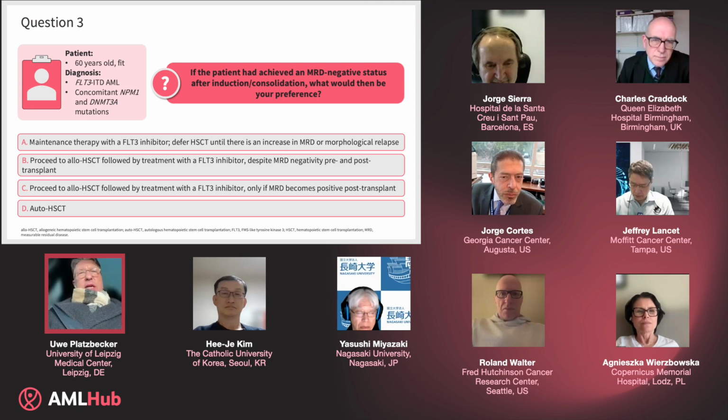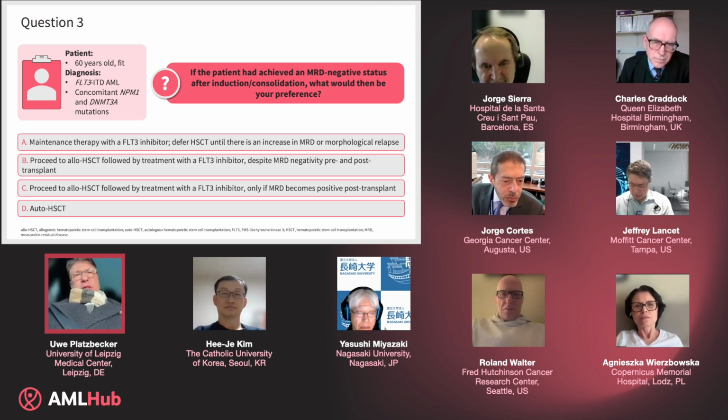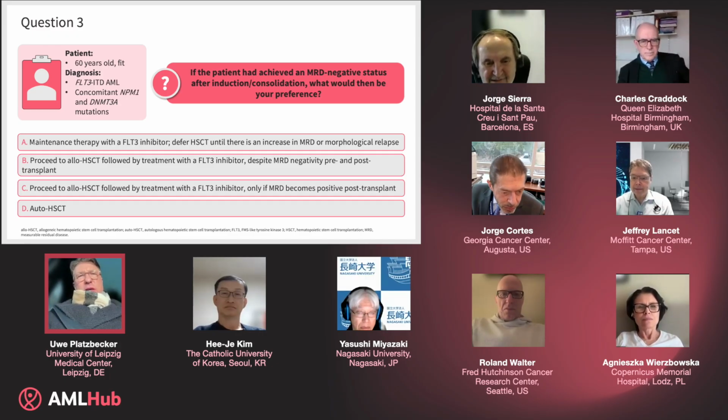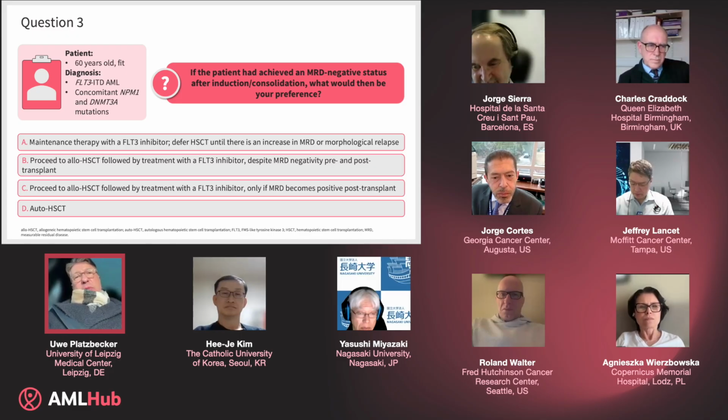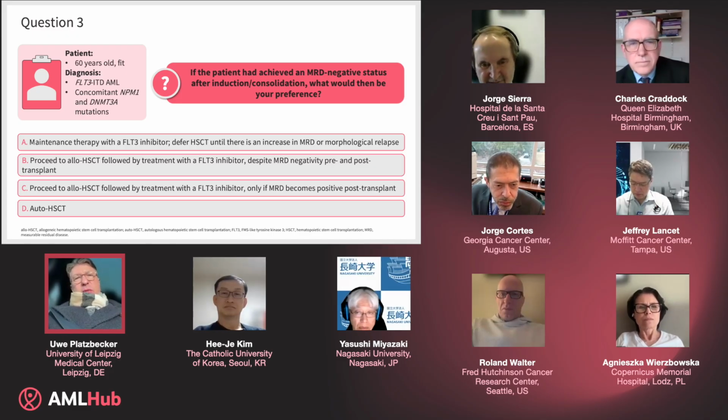But if MRD can be tracked pretty well, and I have the opportunity to do maintenance therapy with a FLT3 inhibitor, I would be tempted to go for the MRD-triggered approach and delay transplant until MRD is rising. But of course, this needs to be discussed with the patient. There are patients who would like to go along those ways, and there are patients who don't. Therefore, it's important to have a conversation with the patient about that.